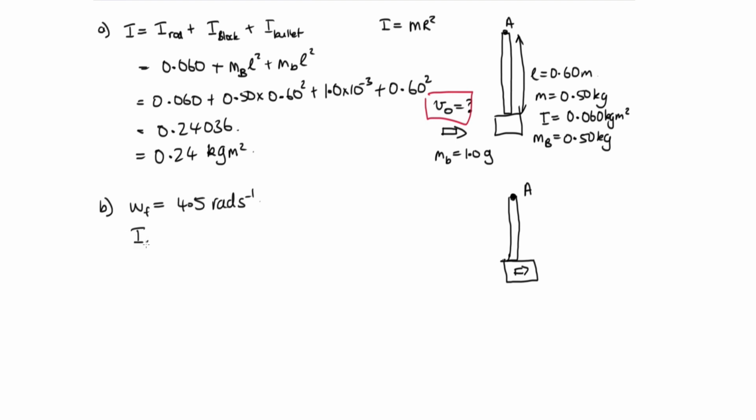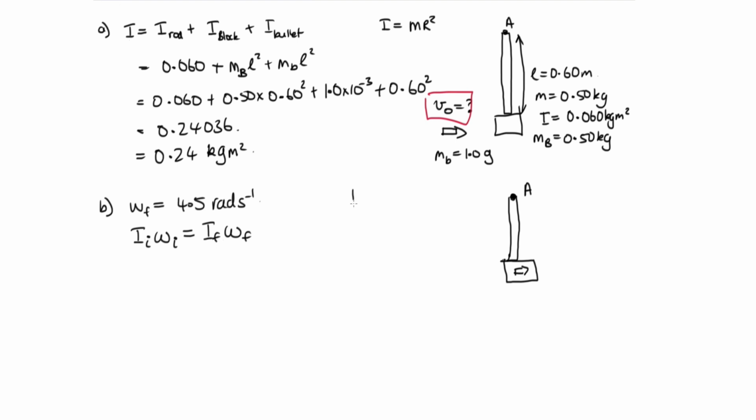So we know that the initial moment of inertia times the initial angular speed will be equal to the final moment of inertia times the final angular speed. Now we're given the final angular speed and we have just calculated the final moment of inertia. So we know both of these. So what we need to do is work out these things.